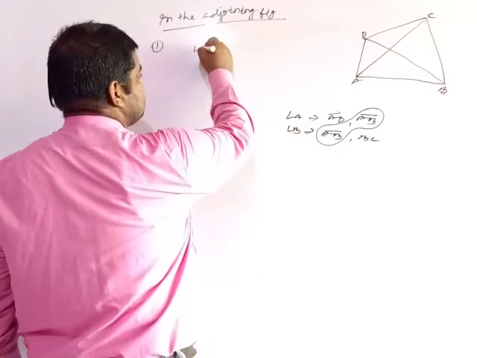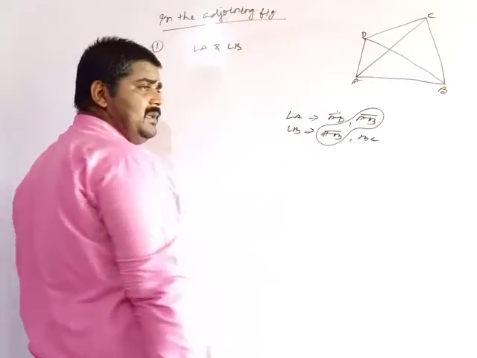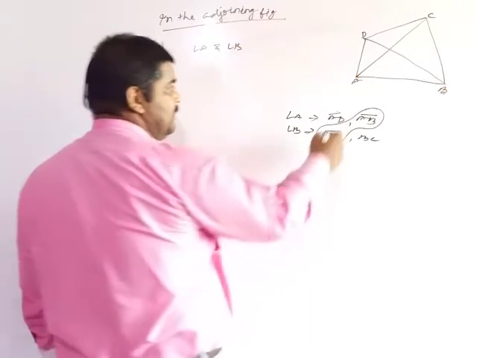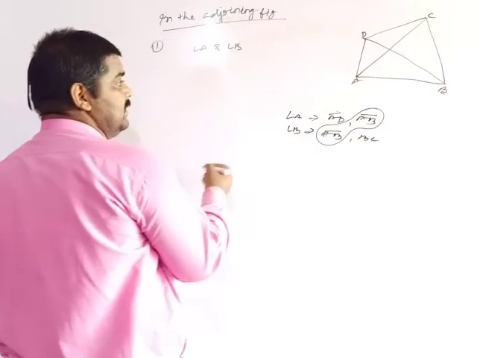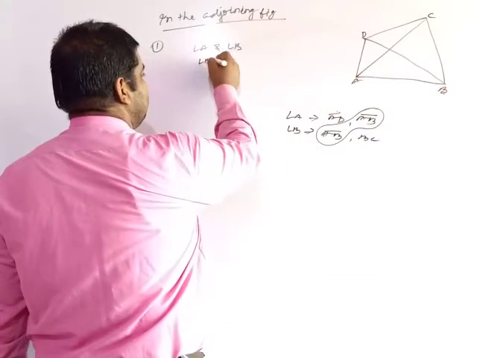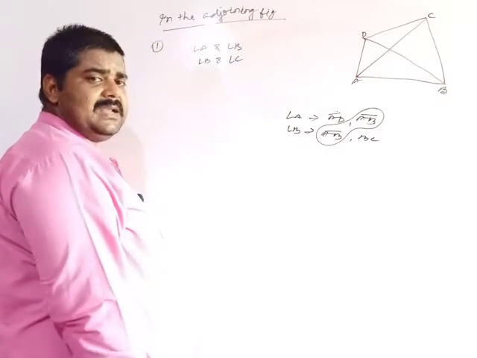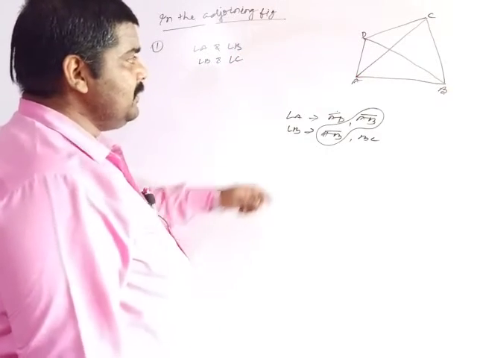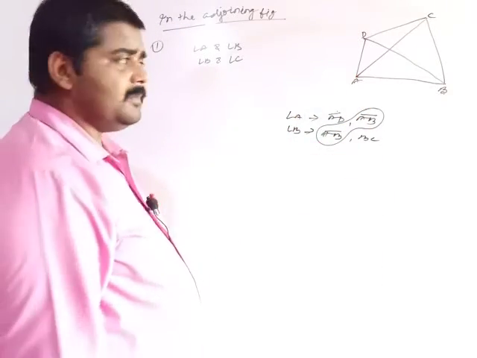The first pair is angle A and angle B, because AB is a common arm, as I have just explained. Angle B and angle C are a pair of adjacent angles because BC is a common arm.